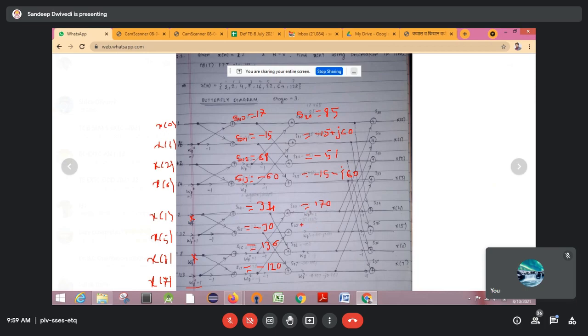Then this value S25, so this will be minus 30, then plus, now this value will be multiplied by minus j, so this will be plus 120j, and this minus 1 is there, so this will be minus 30, simply minus 30, minus 120j, minus 30.